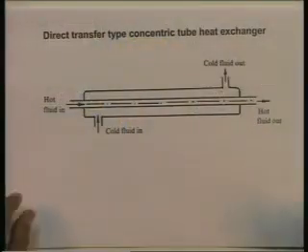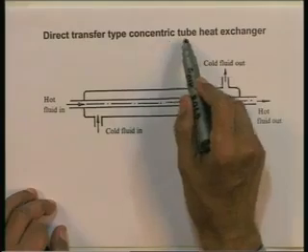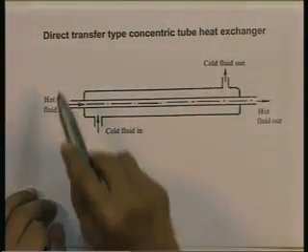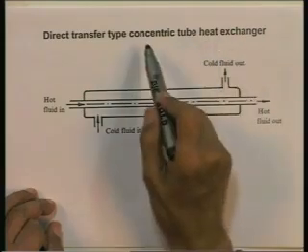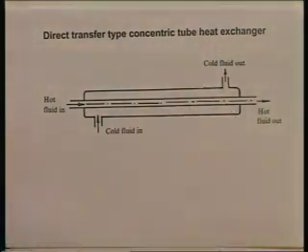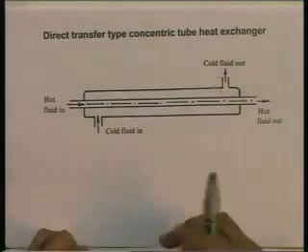The example we are going to look at is a very simple one. The particular direct transfer type of heat exchanger we are looking at is what is called a concentric tube heat exchanger. The words concentric tube describe the geometry of the heat exchanger, that is, there is one tube inside another tube.